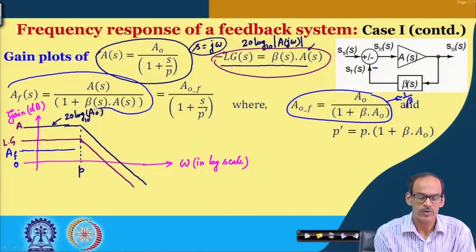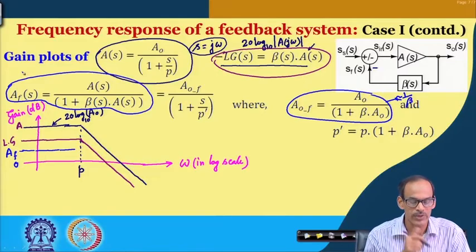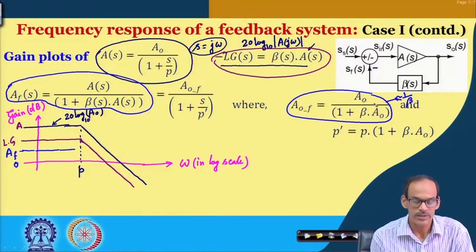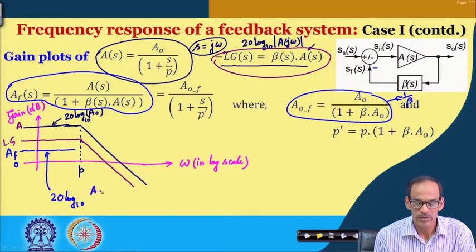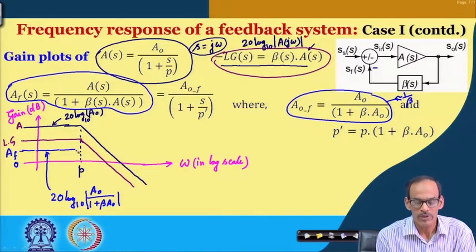Of course, we consider the magnitude of AF, and the value here is 20 log base 10 of A naught divided by 1 plus beta into A naught. And then what will happen here?